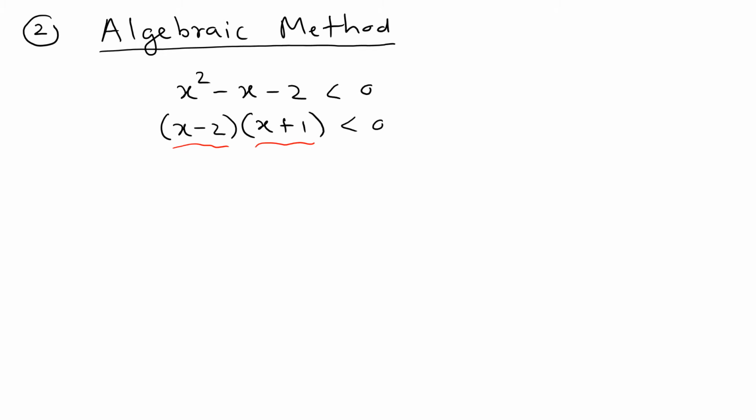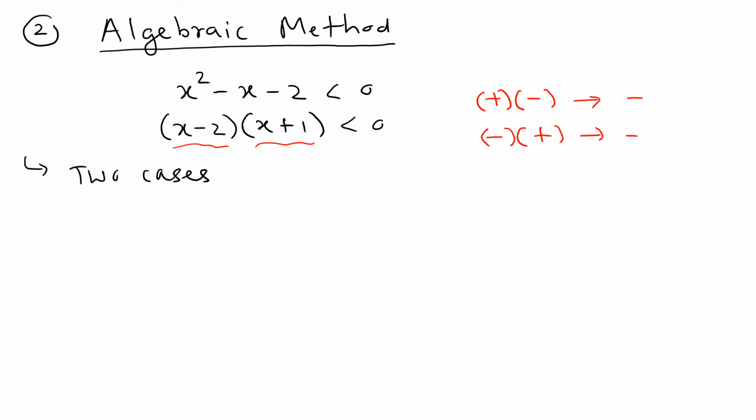In one case, the first factor can be positive and the second factor can be negative, and when you multiply, you get negative. That's exactly what we need. The other case is that the first one can be negative and the second one positive. This also produces a negative. So there are two cases.